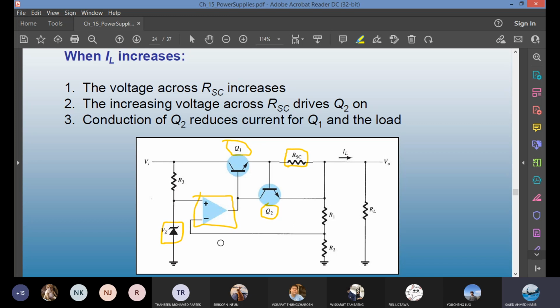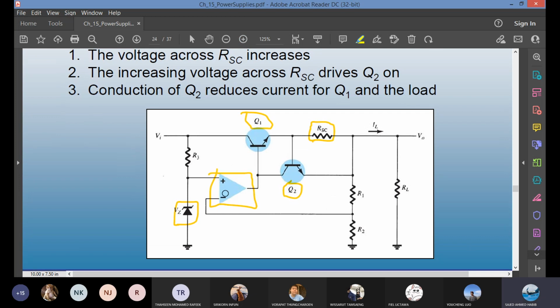Now, as we know, for the op-amp, I minus or I plus, there will be no current passing through these op-amp pins due to the high input impedance. Therefore, we have to concern ourselves with the right hand side.